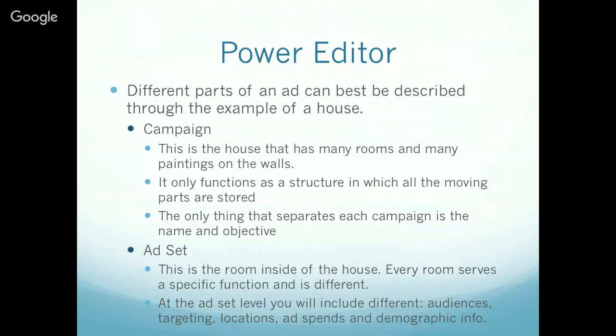This is best explained as the rooms inside of the house. Every room serves a specific function and is different. At the ad set level, you will include different audiences, targeting, locations, ad spends, and demographic information.